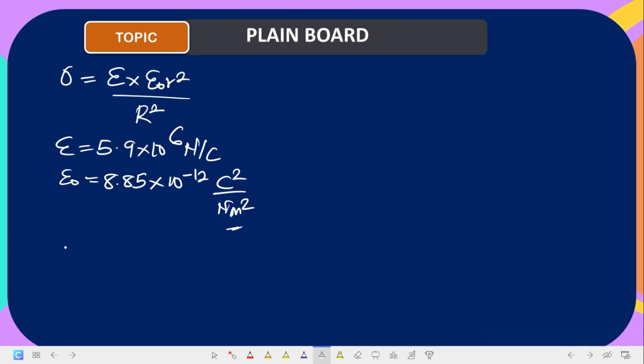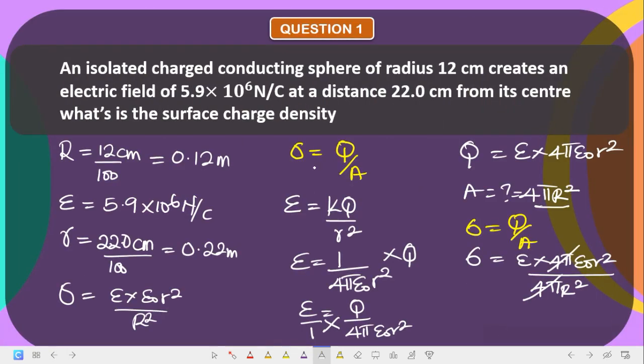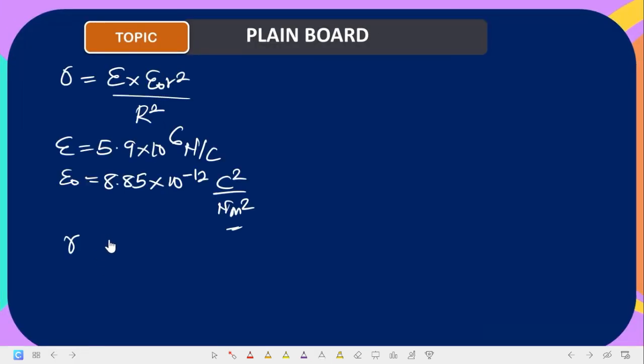Now, you are given two R's. One of them is the radius of the sphere, and the other one is the distance from the center. When you are talking about the sphere, which R talks about the area of the sphere? It is the bigger R. The small r is the one from the center, which has a value of 0.22 meter.